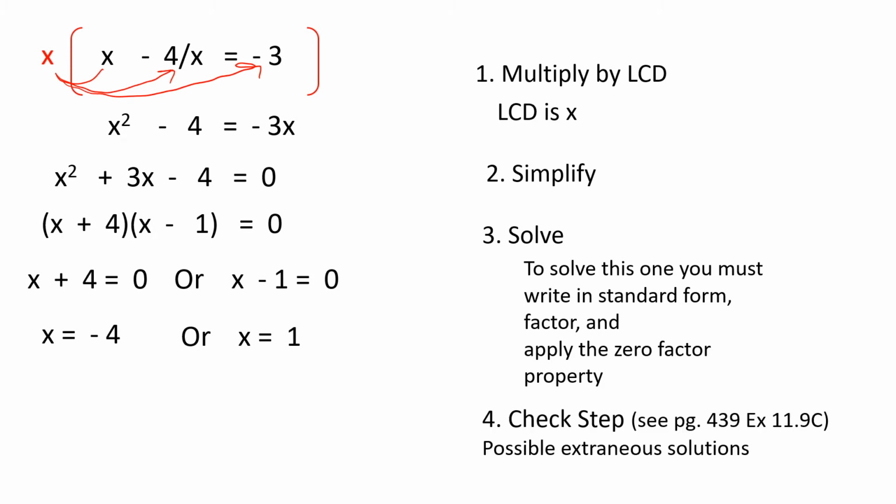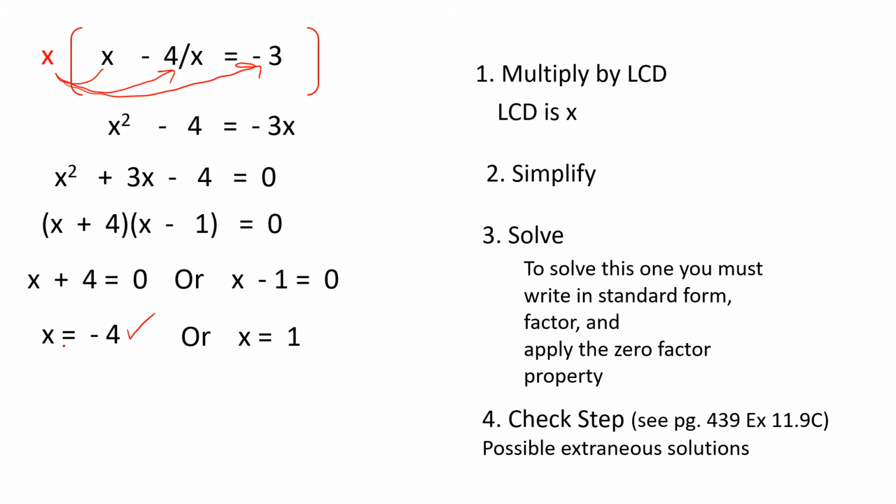Okay, we're going to do our check step. Well, if you look on page 439 again, if you look at the example C, you see that they have plugged in a -4 into the original equation. So you have to do two check steps, right? You have to check this one, plug it in, and it checked. It ended up with a -3 equals a -3.